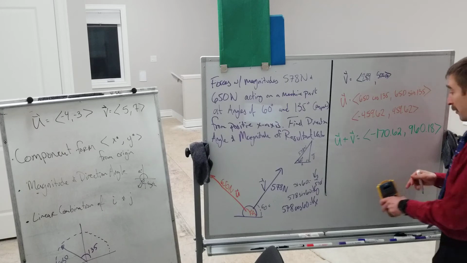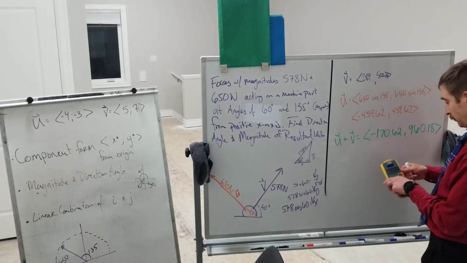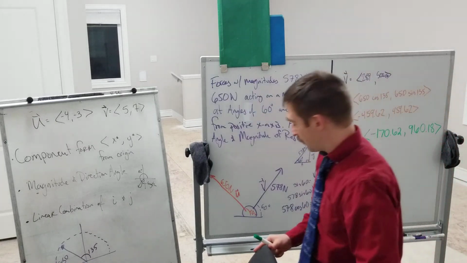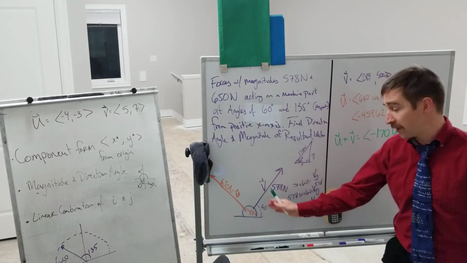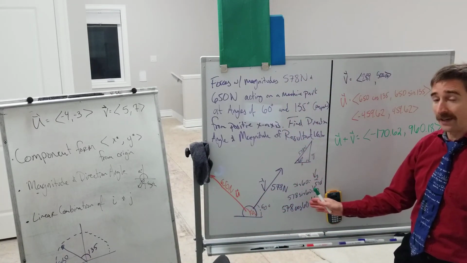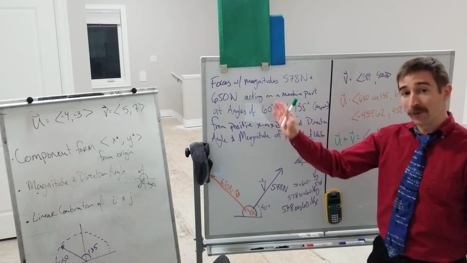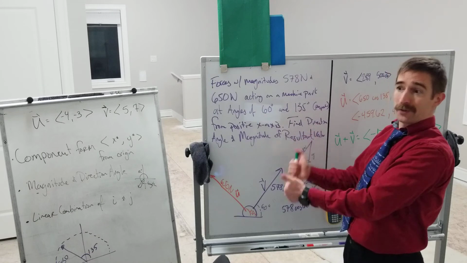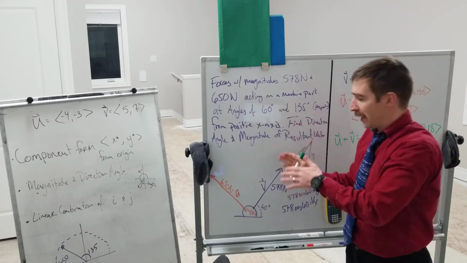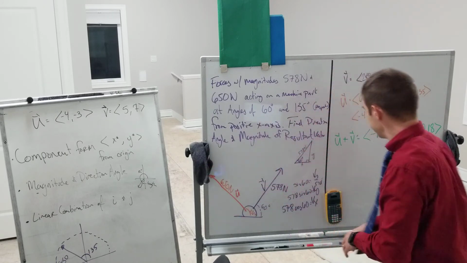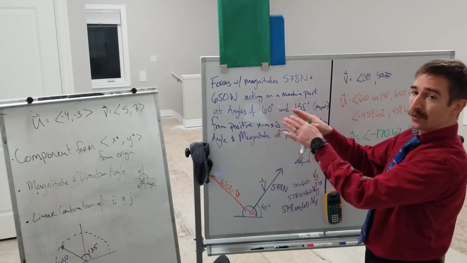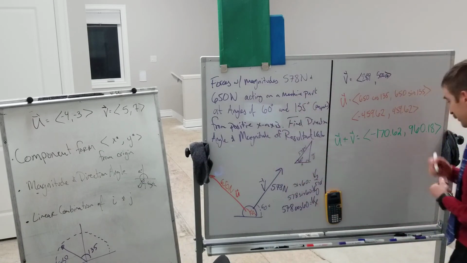And if we think about that, it makes sense. There's going to be a little bit more pull to the left than there is to the right, and there's going to be a lot of pull going up. Both vectors are pointing up, so there's going to be a vector going up more so, and not as much to the left. All right, but it's not asking for this, it's asking for the magnitude and direction angle.